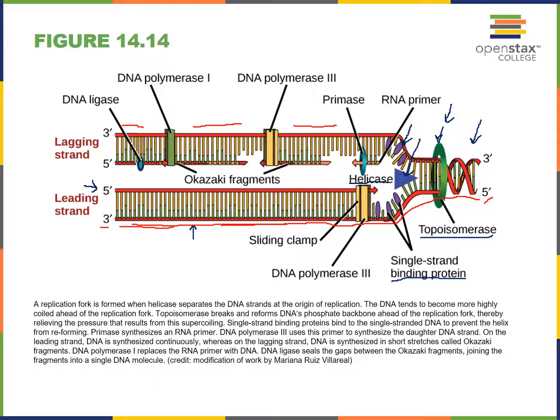And DNA is anti-parallel, which means that if you have 5' on this side, you have 3' on the other, they're oriented in opposite directions.